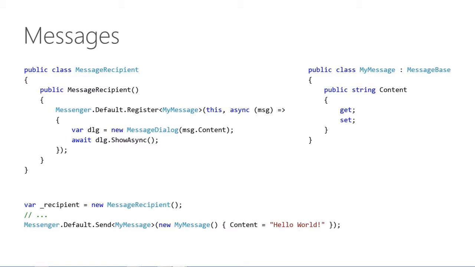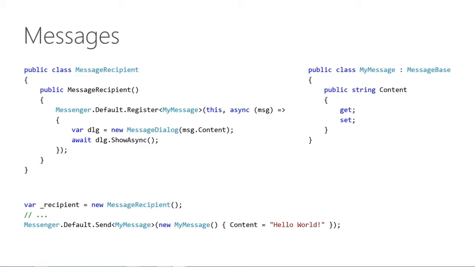And so here I have a message recipient, I have a message type, and then I have some code at the bottom that's sort of managing all that. So if we look at the bottom here, in the bottom left-hand corner, I'm defining recipient, and that recipient I'm newing up a message recipient object or instance, and as a result, that public class, if you look up there, it's actually registering. You see that in the constructor for message recipient, it's registering for a message.